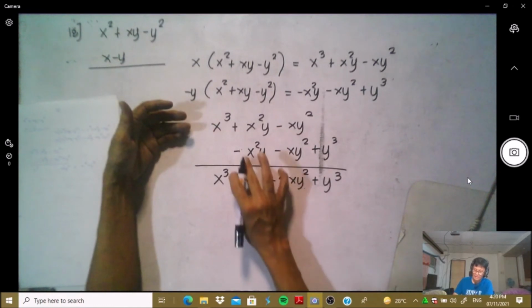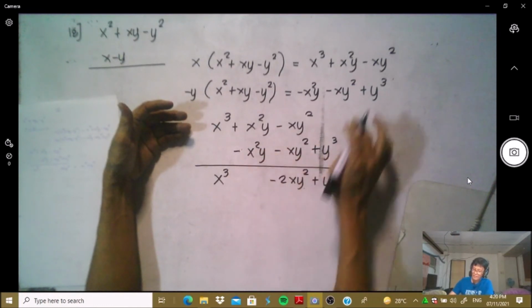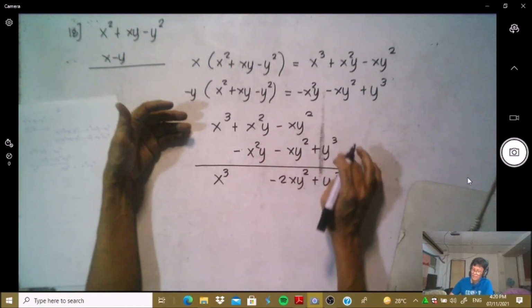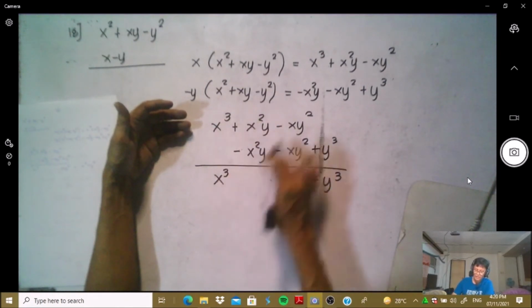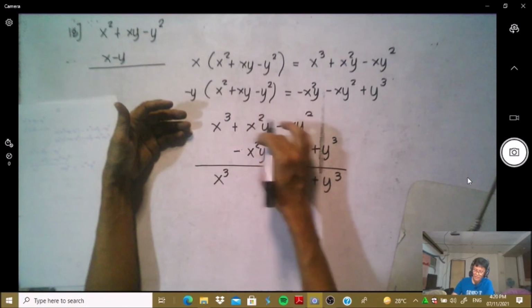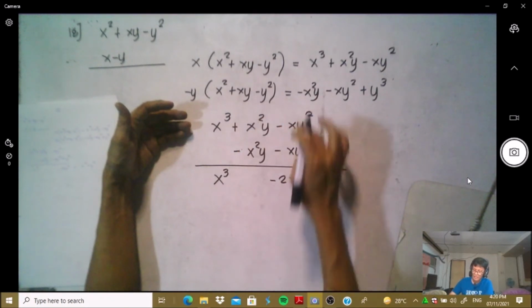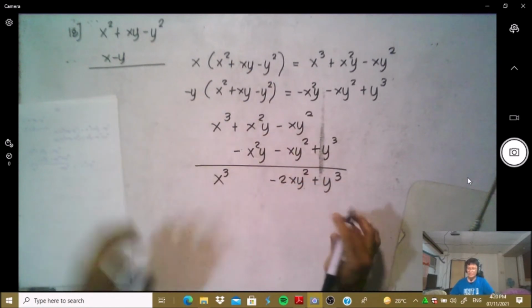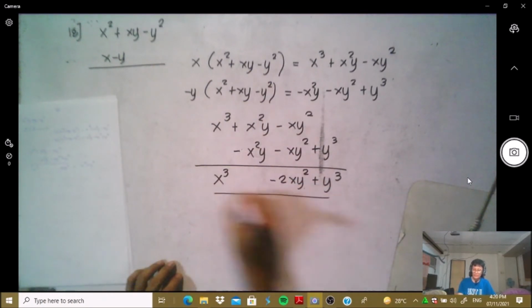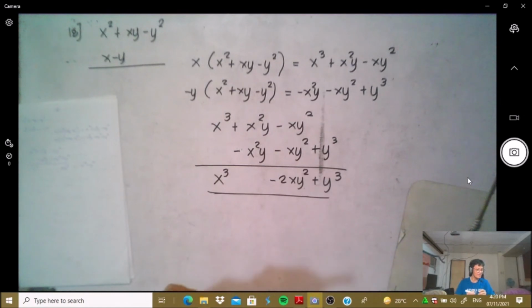Then negative y times x squared plus xy minus y squared gives negative x squared y minus xy squared plus y cubed. Let's arrange: we have x cubed, then the x squared y terms cancel out, then negative xy squared minus xy squared gives negative 2xy squared, plus y cubed. And therefore, this is our final answer.